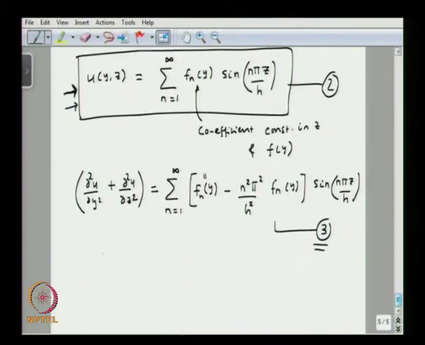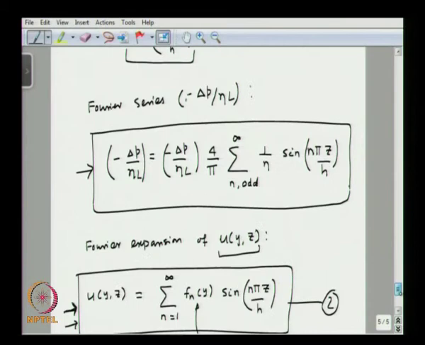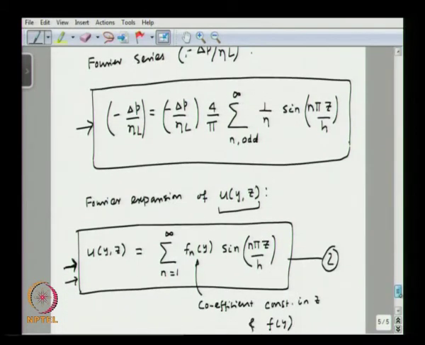So, for all values of n, the nth term in 1 and equation 3 must be equal.